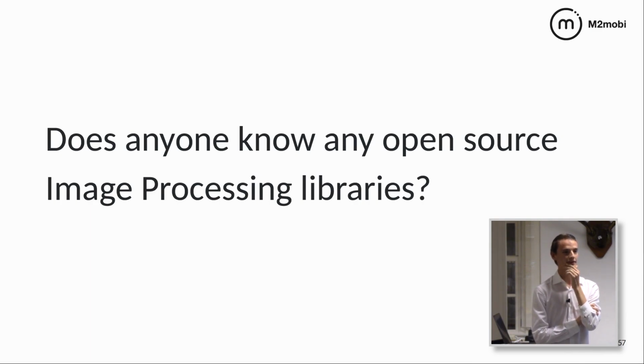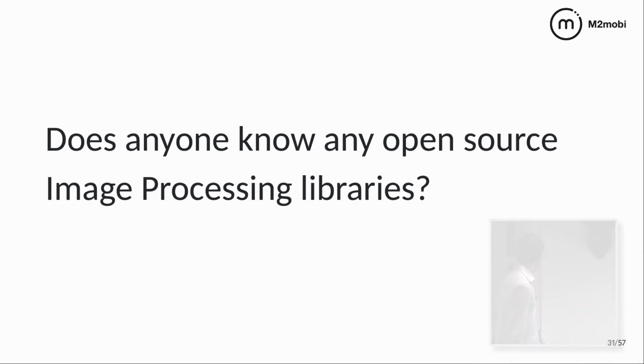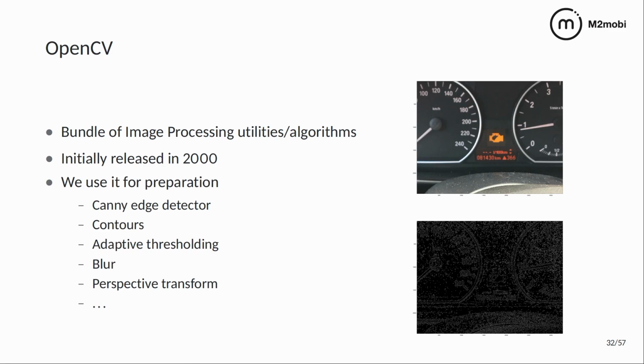Yeah, okay, great. Well, we used OpenCV, and it's a bundle written in C++. OpenCV stands for Open Computer Vision, and it's a bundle of all kinds of utilities you might need when you want to do computer vision. So it contains a lot.